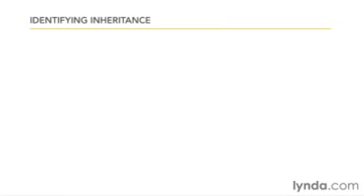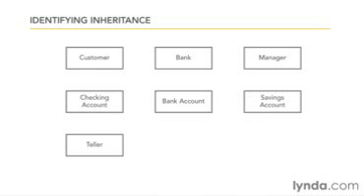So here's where some people hit their first problem. They start sketching out a variety of classes, picking the nouns out of their written descriptions. And as we scan it, we can tell there's some relationship between, say, bank and bank account. And we wonder, well, is that an inheritance relationship? And there's the question. Could you say a bank account is a bank? Well, no, you wouldn't say that. Neither would I say a bank is a bank account.